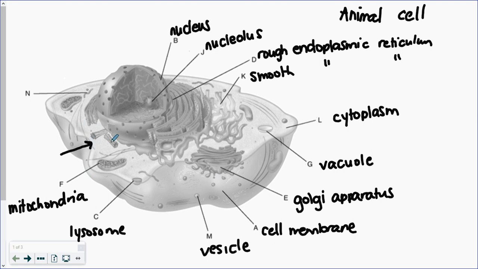These little tube things that kind of look like Twizzlers are centrioles. And N is a ribosome. It looks like specifically it's protein synthesis there, but that's pretty close to where it would be. So that's an animal cell.